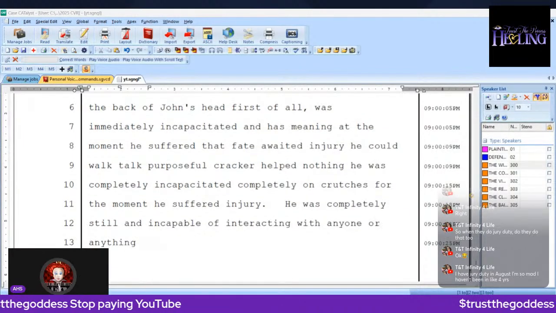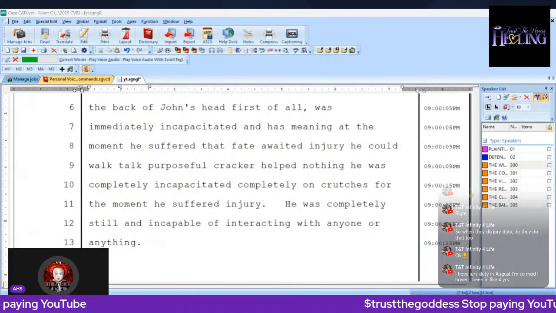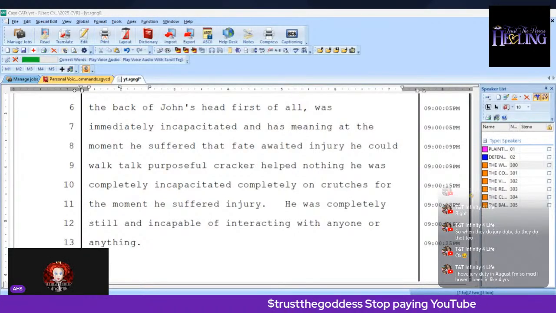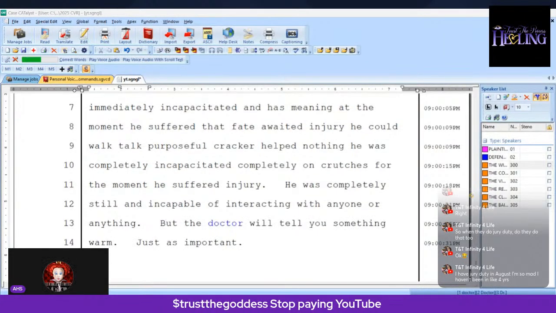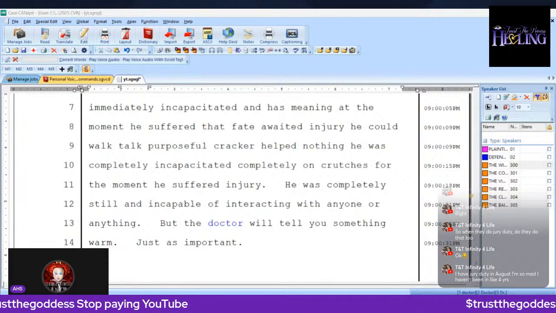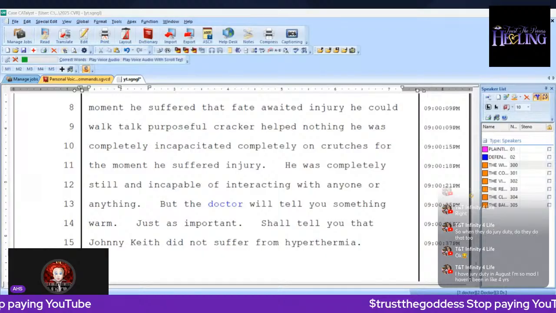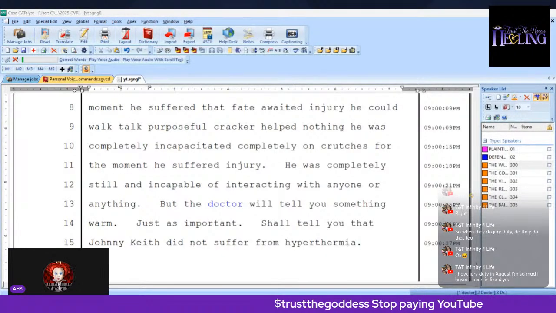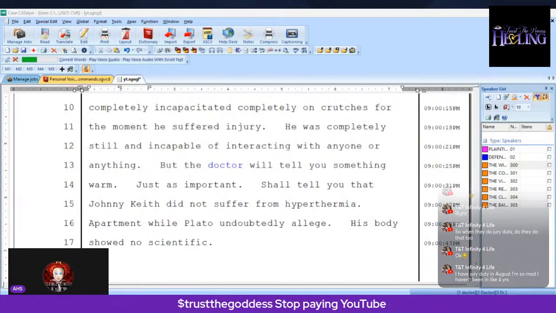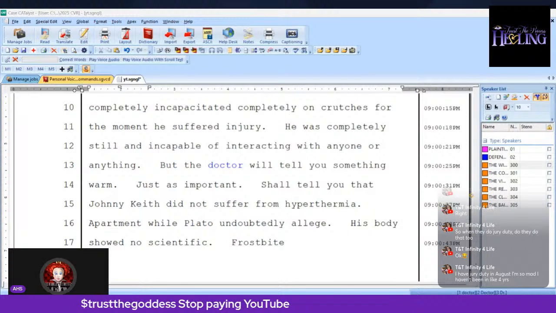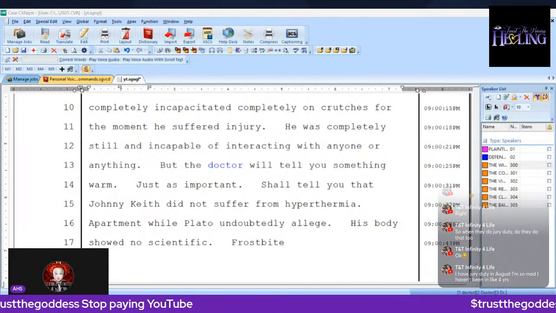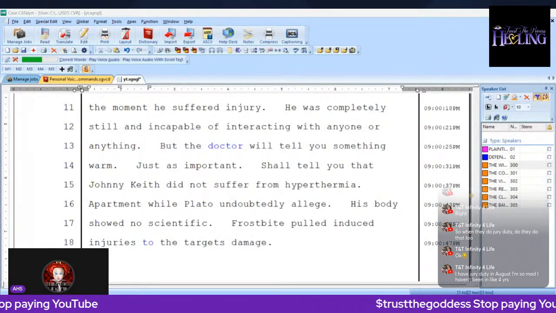But the doctor will tell you something more, and just as important. She'll tell you that John O'Keefe did not suffer from hypothermia, as the Commonwealth will undoubtedly allege. His body showed no signs of it. No frostbite, no cold-induced injuries to his organs, no damage based on cold or frost.